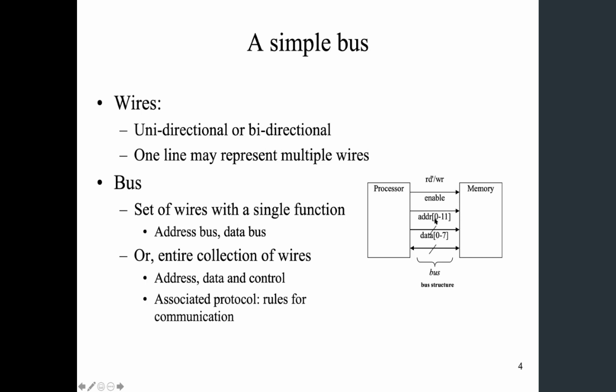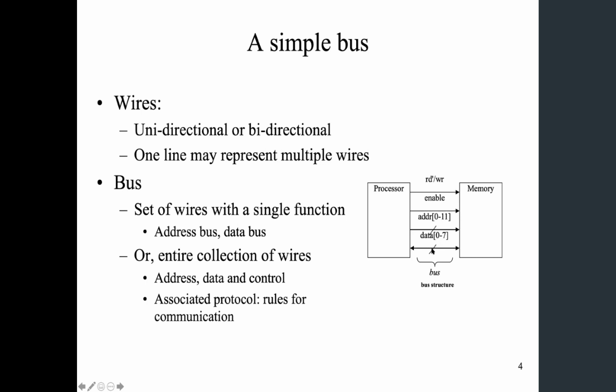And to be specific, we have a 12-bit address. On the other hand, we have a data wire here, and this line here is bidirectional, okay? And we have 8-bit data.